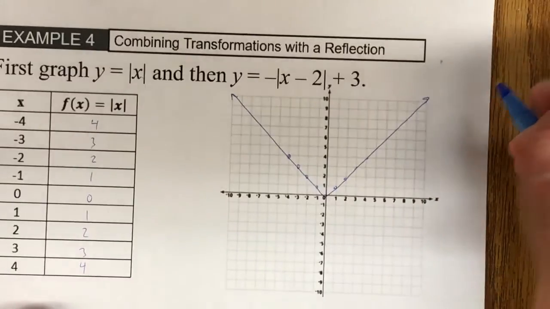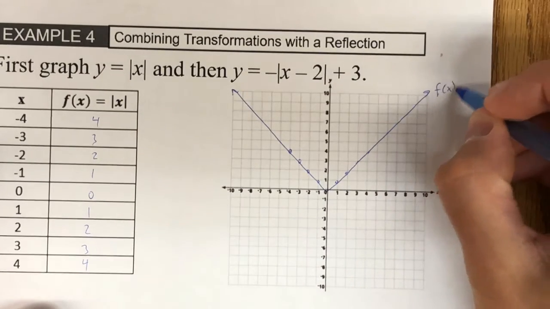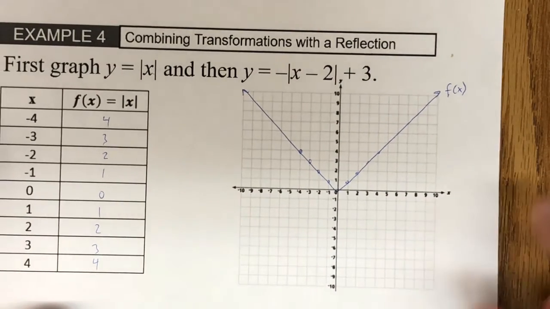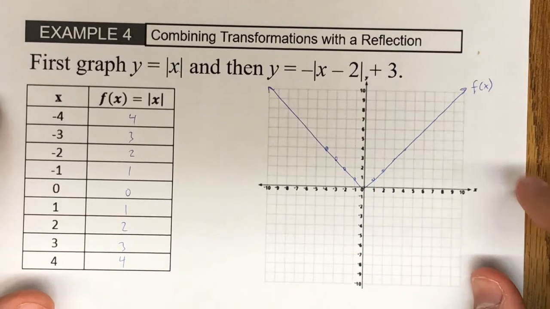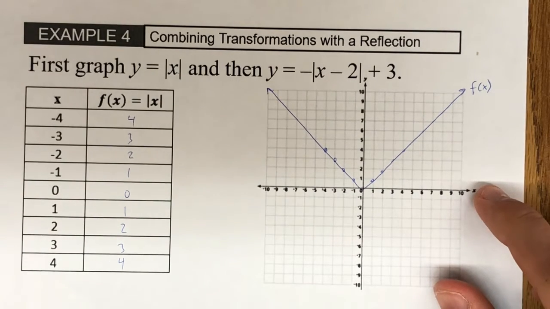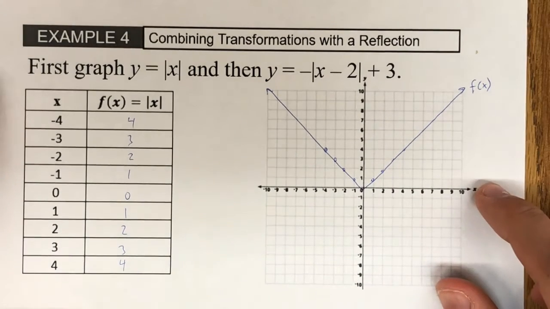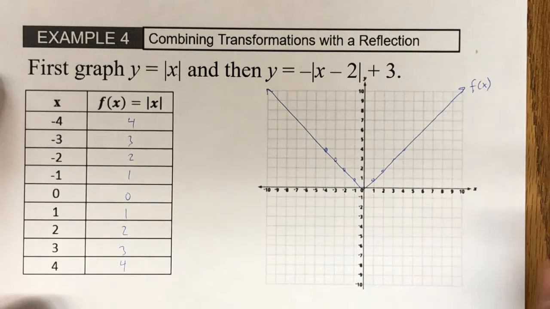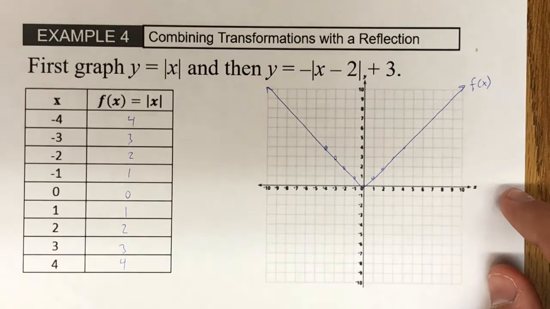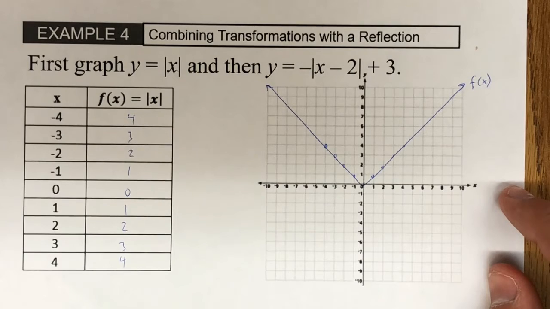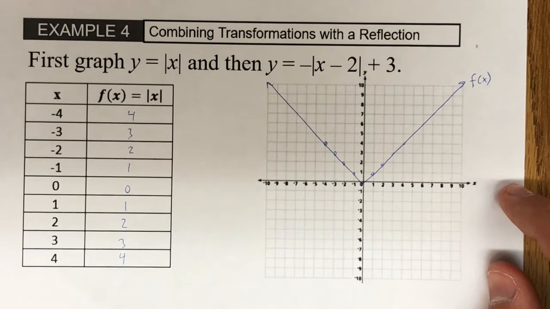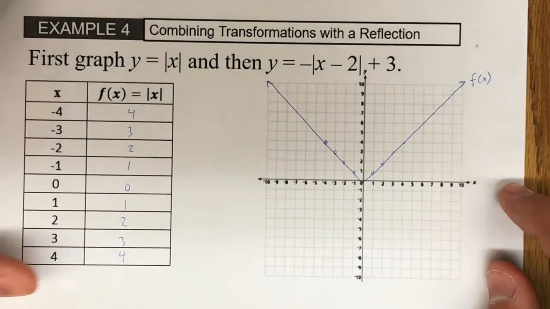Okay, there we go, we've got f of x. When we are graphing transformations, there's a kind of proper order, I would say, to go about these. So when you are graphing these, you want to be very, very careful.